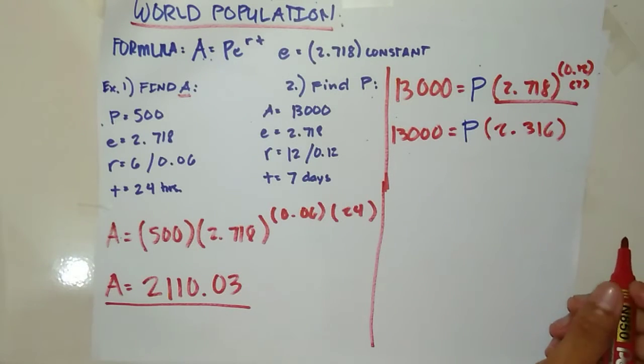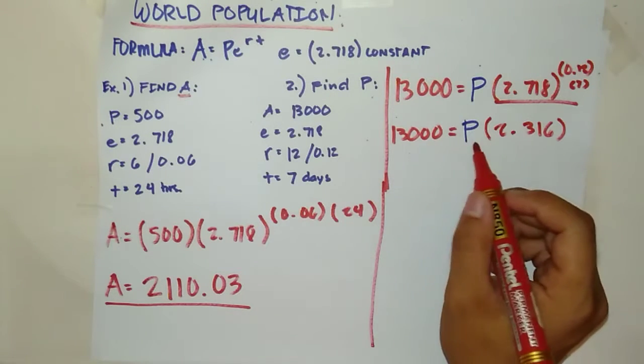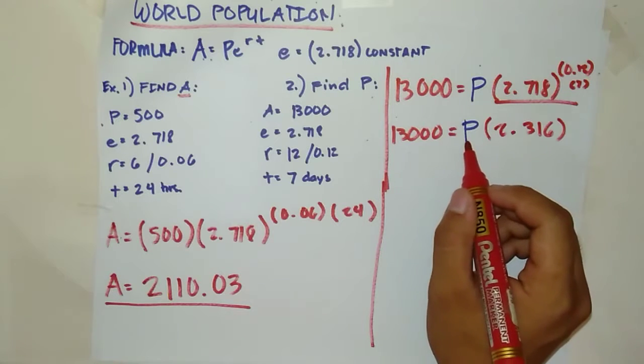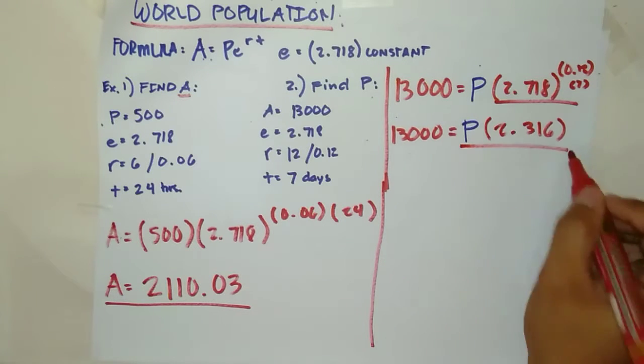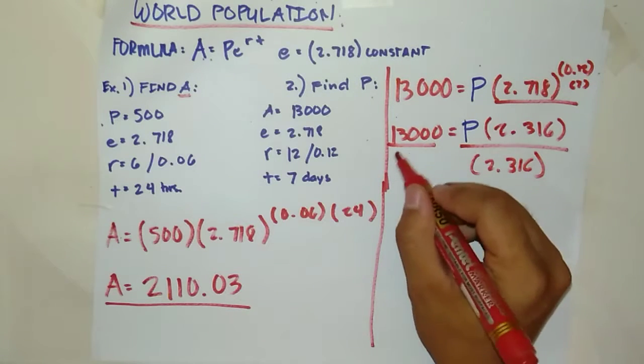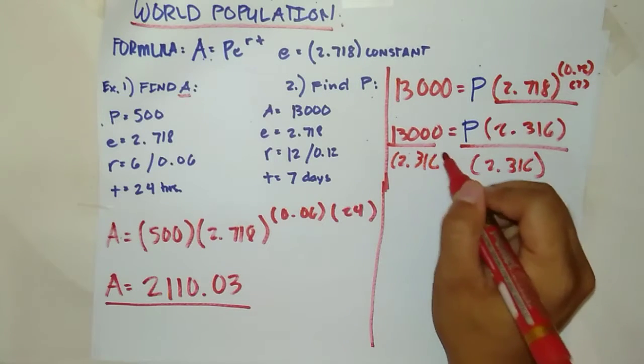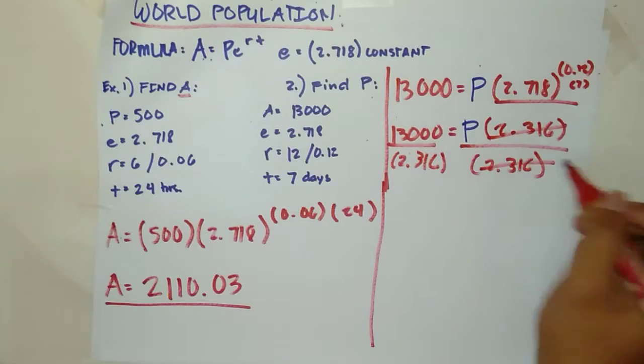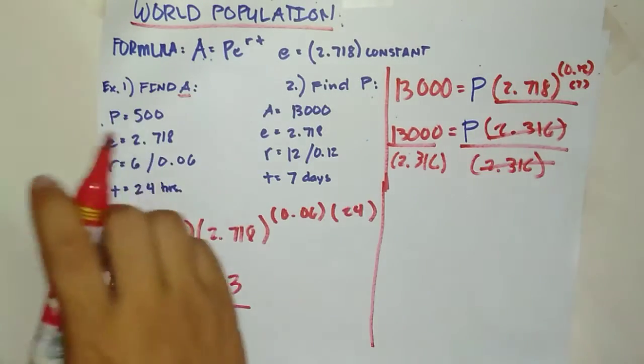So in order to get the answer, we need to divide by 2.316 so that it will be cancelled here, and then the P will be isolated.